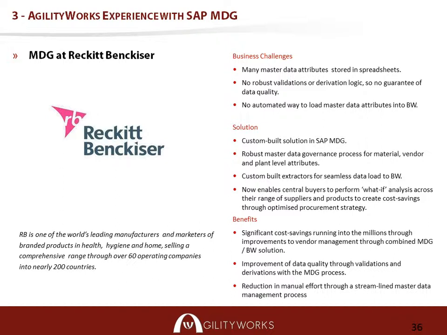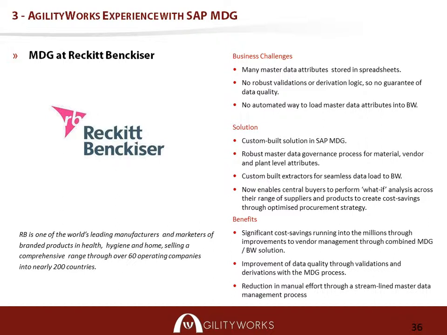So at the end of June this year, we went live with an MDG solution at Reckitt Benckiser. The procurement experts within Reckitt Benckiser knew that if they had better access to quality information about their product lines and the suppliers they get it from, they could really make some cost savings in refining their purchasing process.